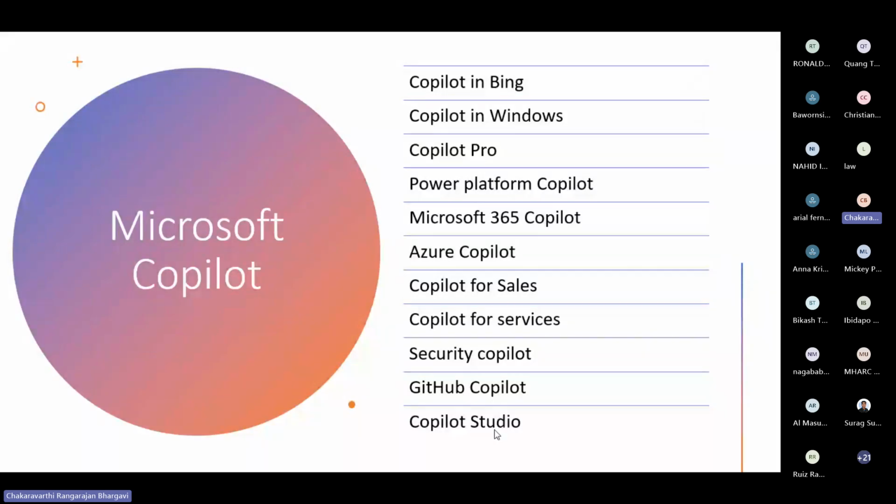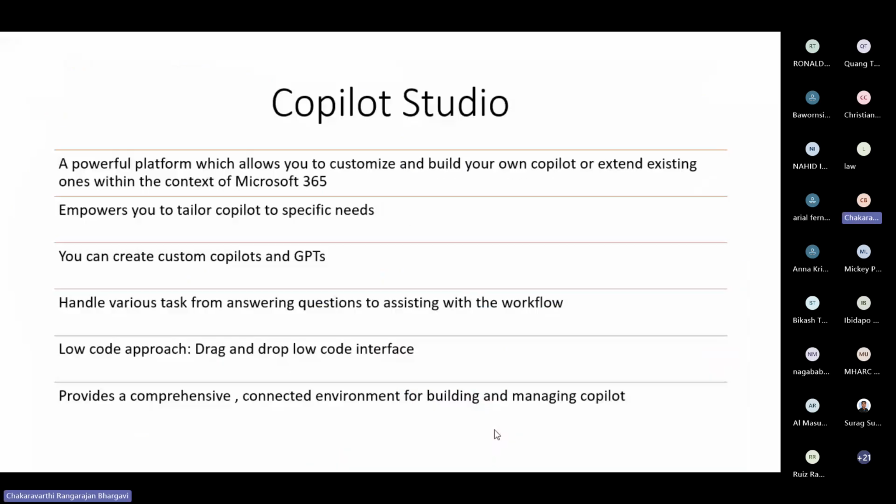There are different kinds of copilots available in the market, and we will be seeing Copilot Studio right now. So, what does Copilot Studio mean? It's a product of Microsoft 365, and it offers a powerful platform which allows you to customize and build your own Copilot, and it extends with the help of the context of Microsoft 365.